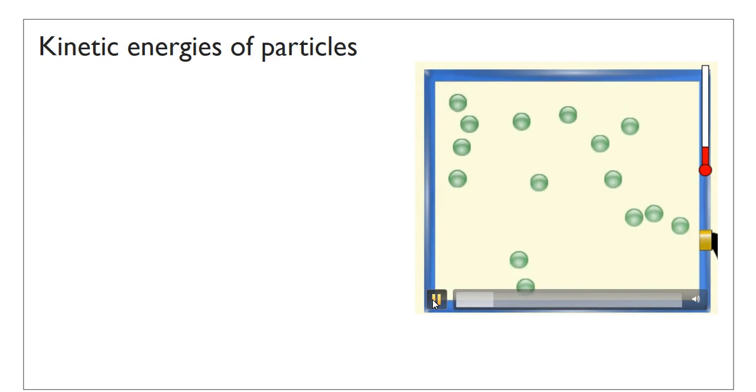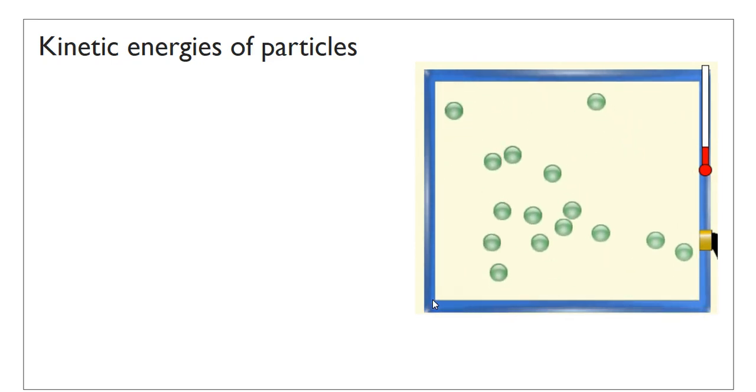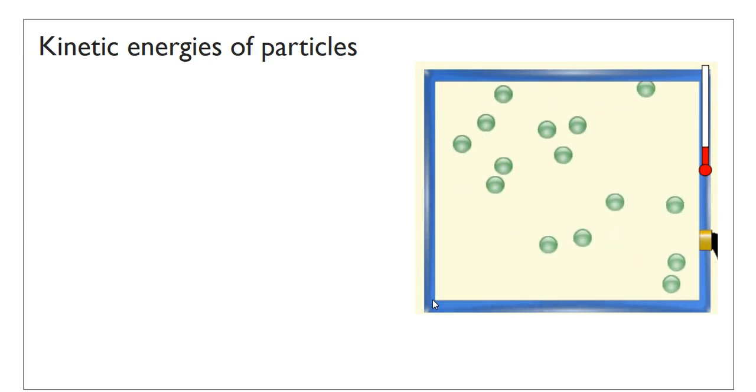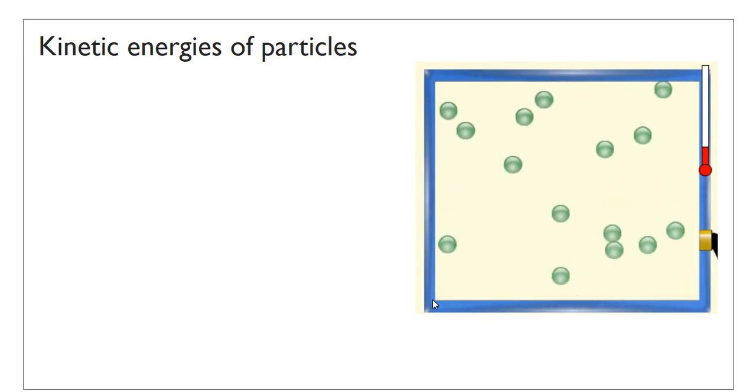However, what scientists have done, actually mathematicians, is try to come up with a way to represent the average distribution of kinetic energies of particles. So if I have 15 particles, for example, and let's say this is the kinetic energy on the horizontal axis. Now you can label this as kinetic energy.